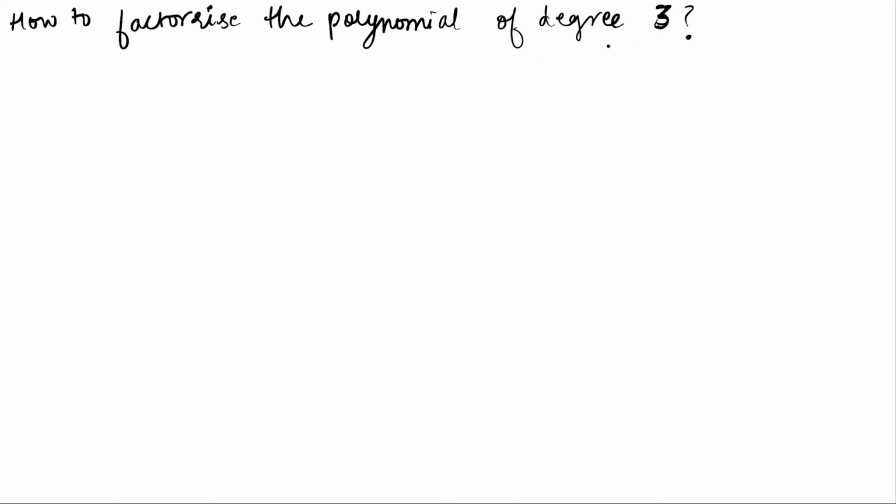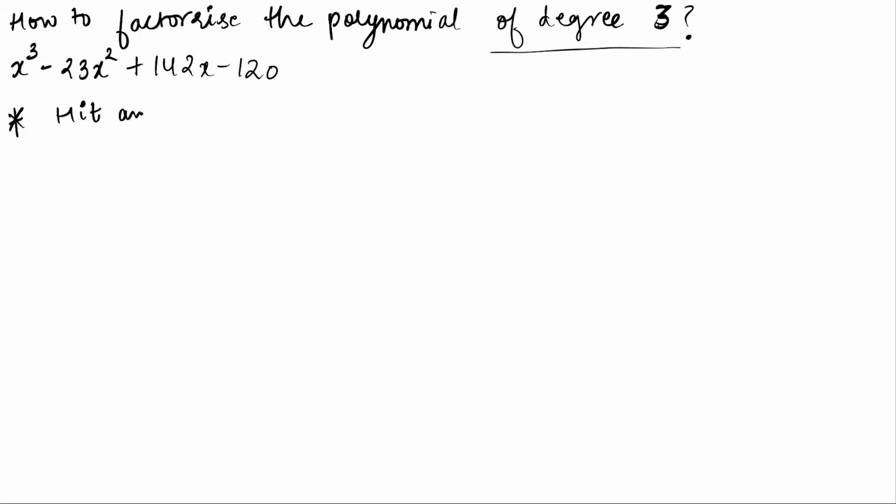Now we are going to learn of degree 3. So if I write a polynomial, so this is our cubic polynomial, x cube minus 23x square plus 142x minus 120. In this, our first step is to follow hit and trial method, because there is no other way to factorize cubic polynomial.